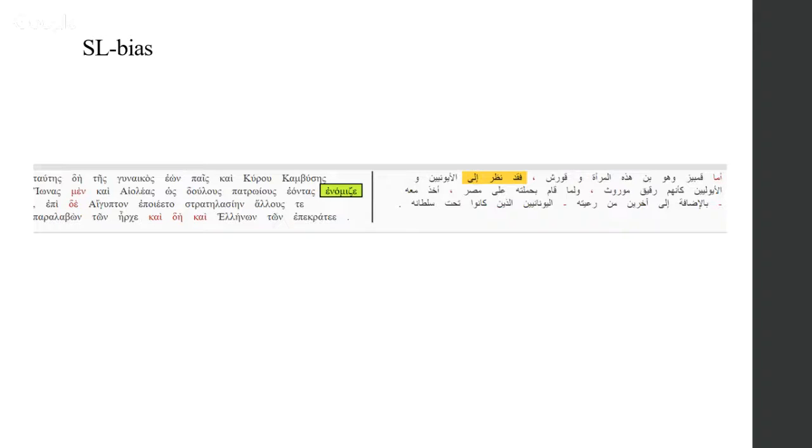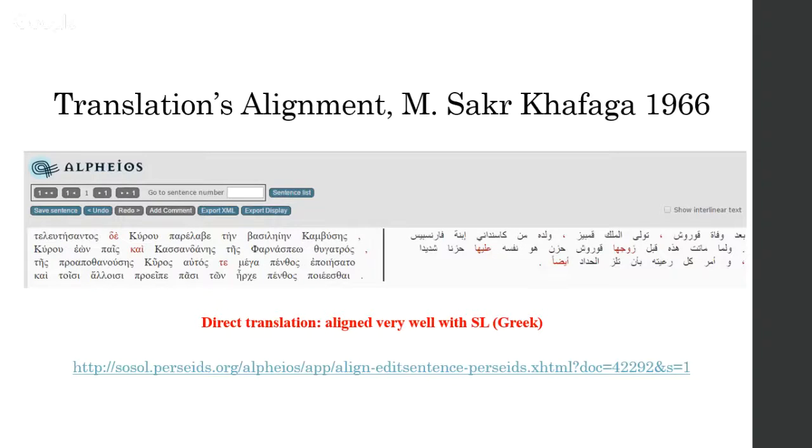And another visualization of this is the second direct translation, by Kafaga in 1966. And as you can see, again, just three words, which happen to be very similar to the words which did not align in Wahib Kamel's translation. So it's aligned very well.